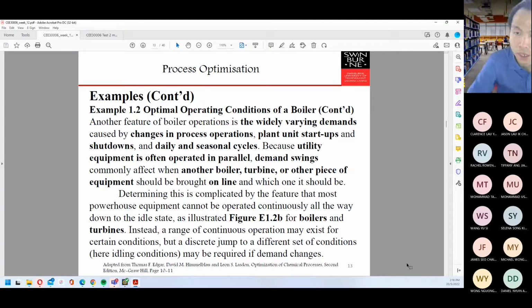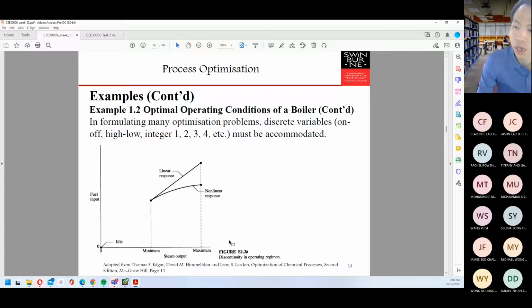Now, another feature of the boiler operation is the widely varying demands caused by changes in the process operation, when units start up and shut down. What we can see here is that the boiler cannot be operated continuously from this point. This is showing the fuel input with respect to the steam output. So a boiler can only be started at this particular fuel input, where it will start generating the steam output.